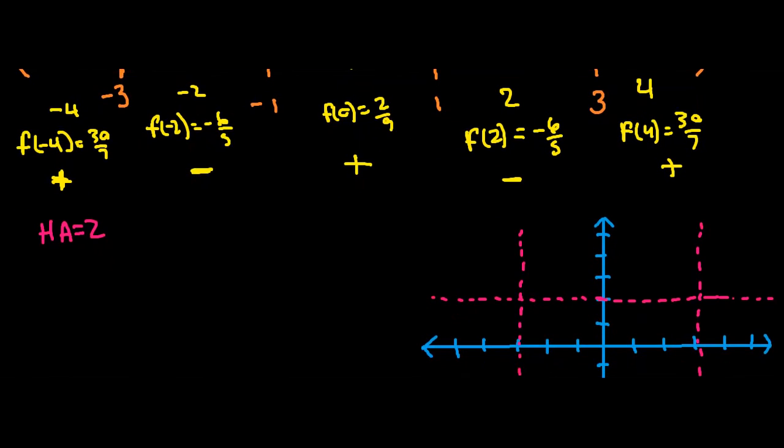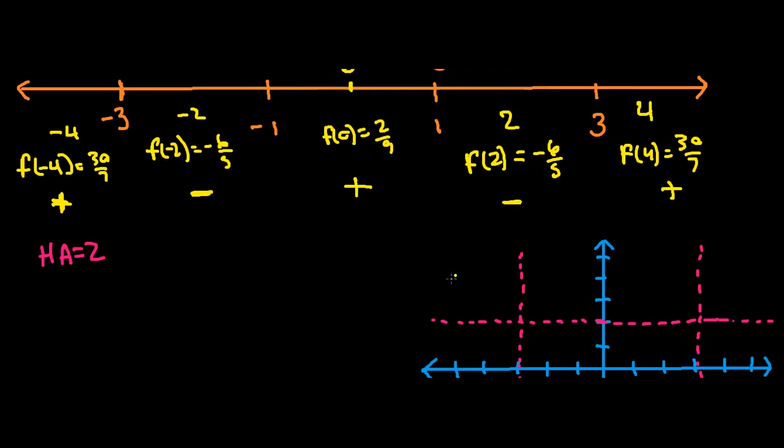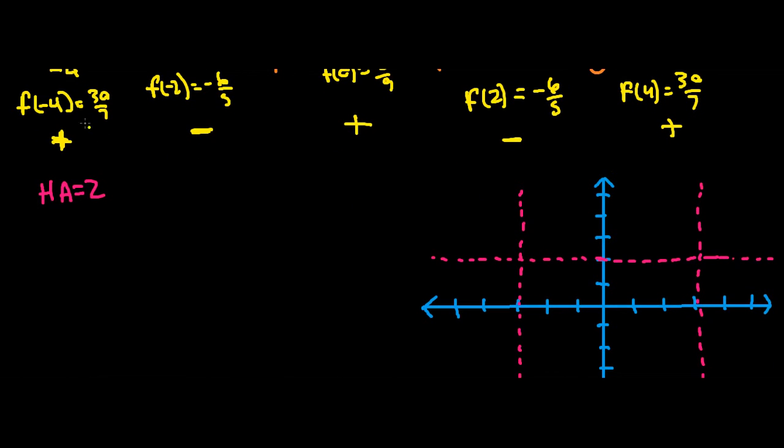So we know that this is going to approach the asymptote and go up to infinity like this. So we graphed 4 and we got 30 over 7, so 4, 30 over 7, that's like 4 and something, so that's like right here. So that's going to go up like this, up to infinity, and then it's probably going to come down something like this.